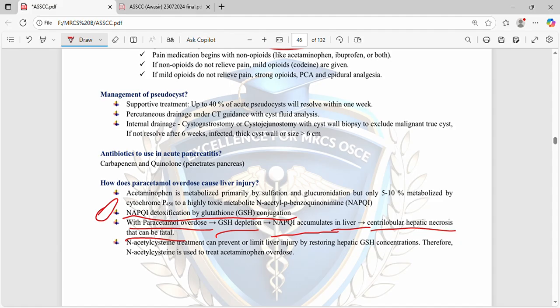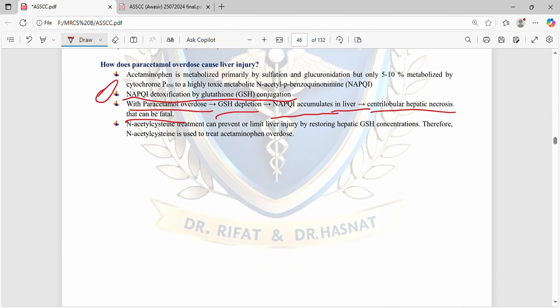In simple words, paracetamol detoxification produces a byproduct, N-acetyl-p-benzoquinone imine, which is tackled by glutathione conjugation. If it is an overdose, glutathione will be less, and glutathione is an antioxidant, you should know. So it can cause centrilobular hepatic necrosis and it can be fatal.